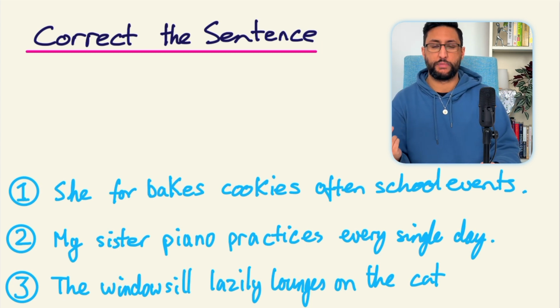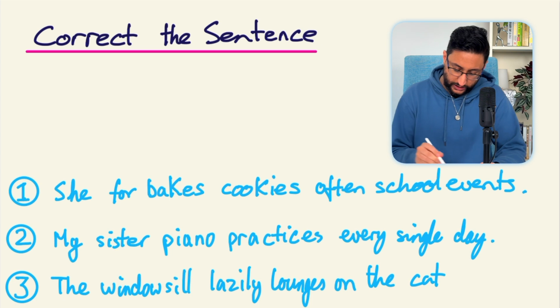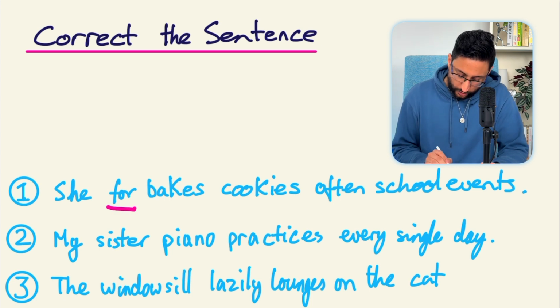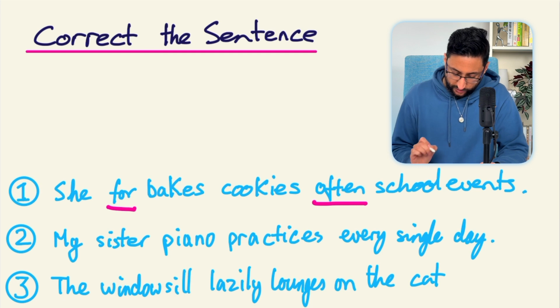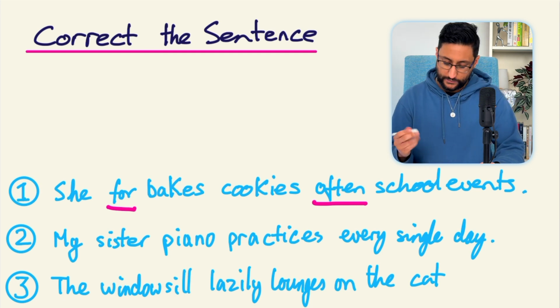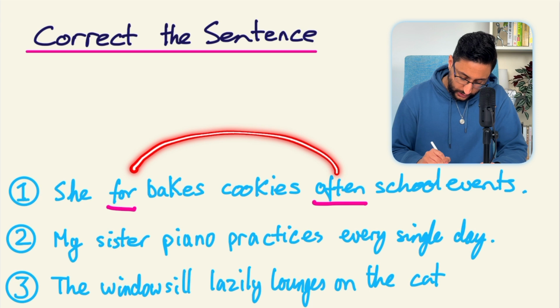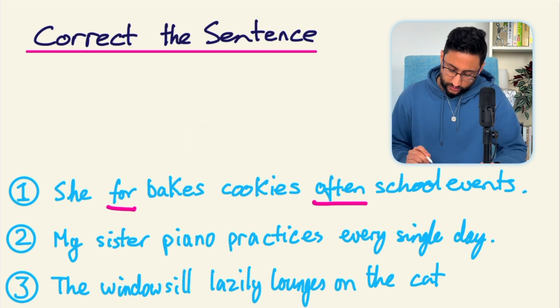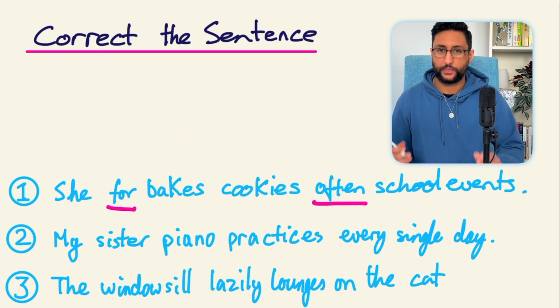So she's probably going to be baking for the school. So I'm going to say that "for" should go with "school", which means that it swaps with "often". And if we were to read that with the sentence in the correct order: she often bakes cookies for school events. Now that makes sense.